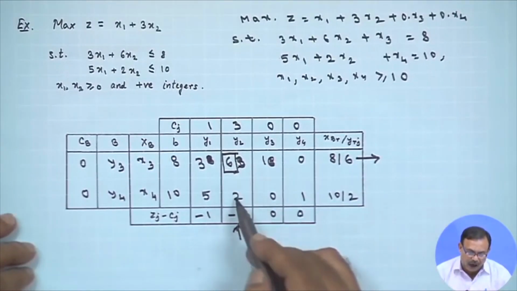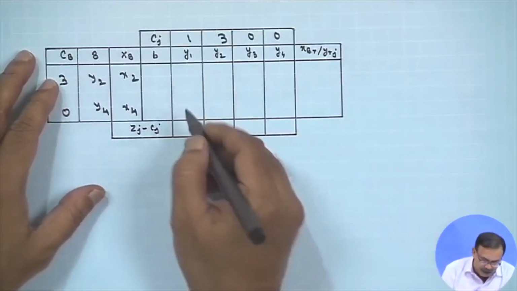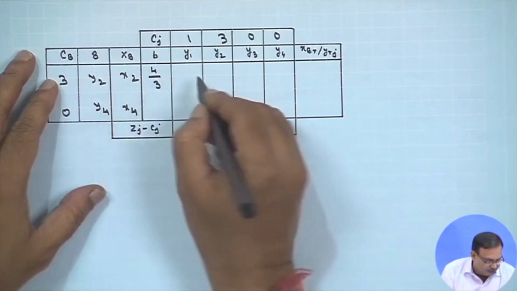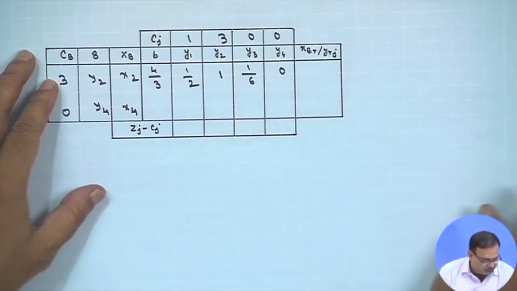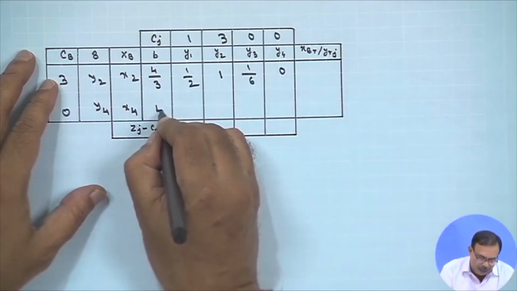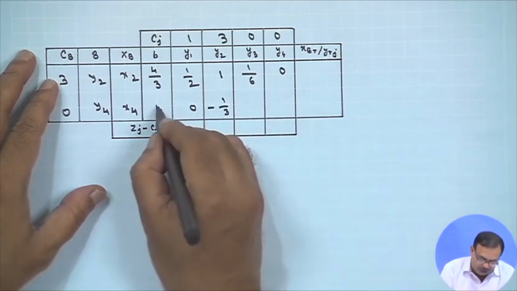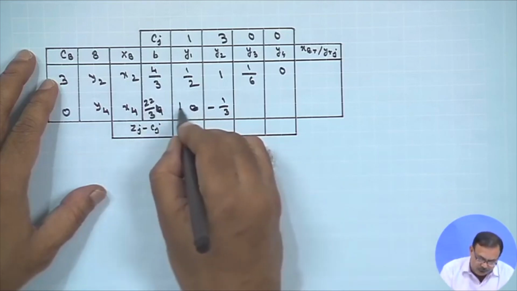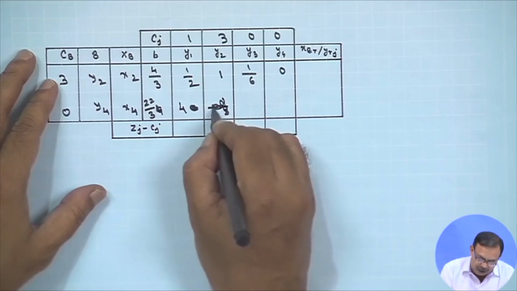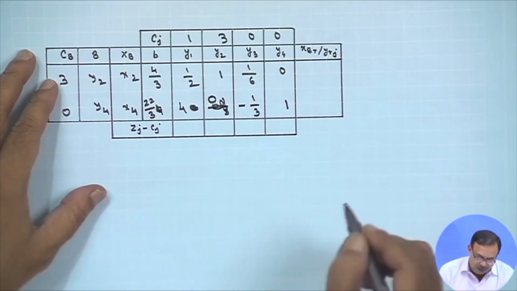Like the normal method, I have to make this one as 1 and this element as 0. So, by doing this what we are getting is 4 by 3, half, 1, 1 by 6 and 0. Whereas this will be 22 by 3, 4, 0, minus 1/3, and this one is 1.